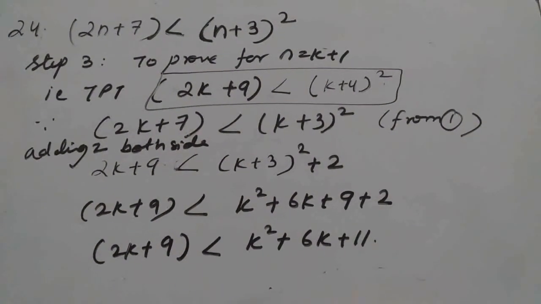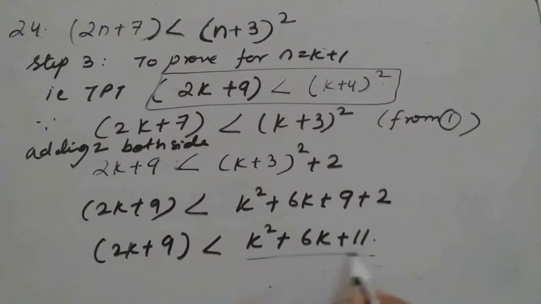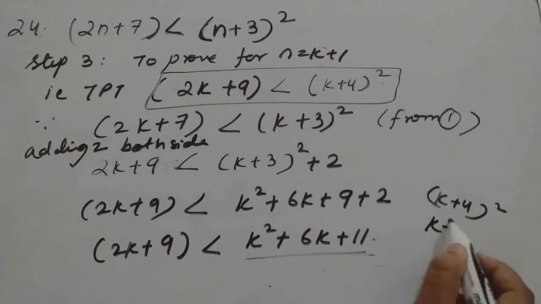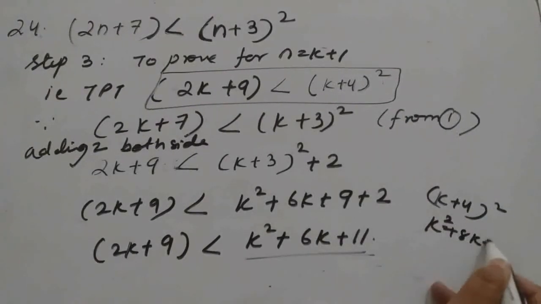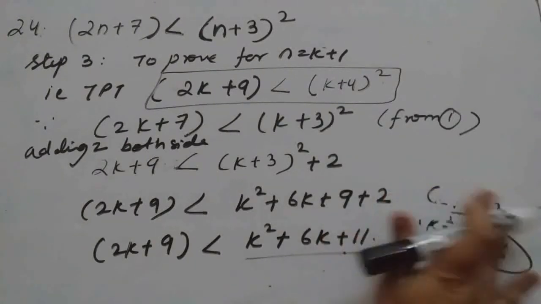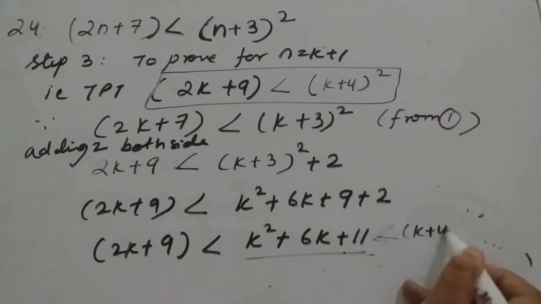Okay, so now we have to show that this is less than k plus 4 square. But if you observe, this is not k plus 4 square, because see, k plus 4 square is what? k square plus 8k plus 16. Okay, but if you observe, this expression is less than this expression, so we can write that this is less than k plus 4 square.